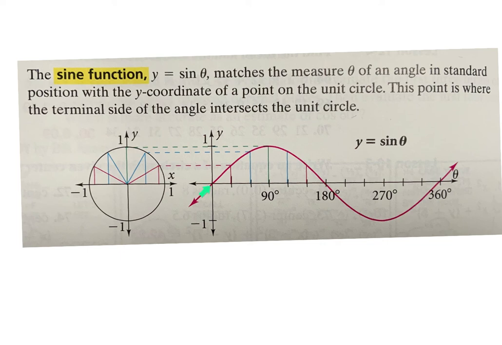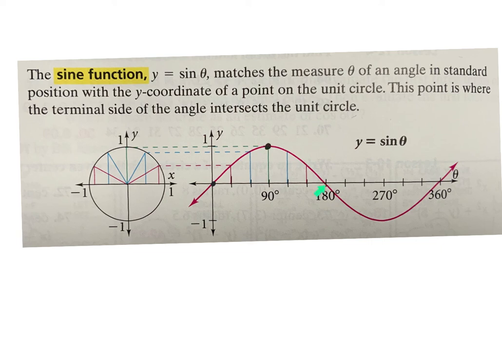X meaning input, I'm not talking about on the unit circle. Output was 0, so I plot 0, 0 right here. All right. If I look at 90 degrees, 90 degrees is my input. What's my output? Y. What's my sine value? 1. And you'll see that we plotted a point right here at 1.